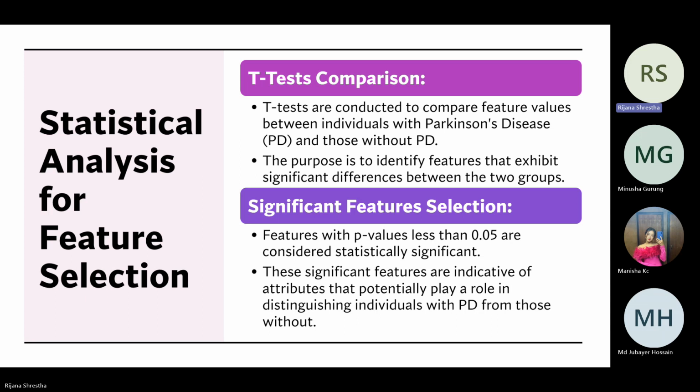These features are selected as they have a higher probability of contributing meaningfully to the distinction between the two groups, and the code employs t-tests to compare feature values between individuals with and without PD. Significant features identified by the low p-values are considered potentially valuable for differentiating individuals with PD from those without. This analysis helps us understand which attributes might play a role in the presence or absence of Parkinson's disease.